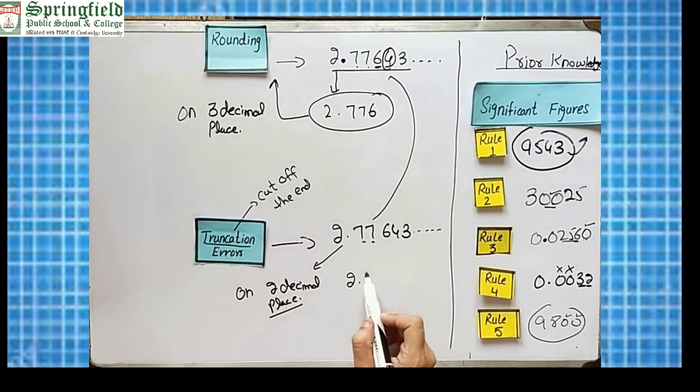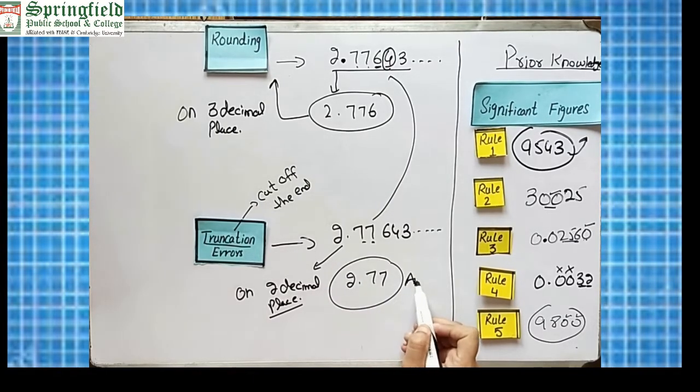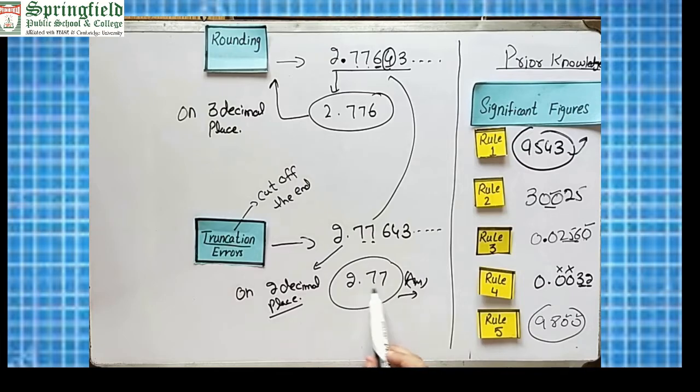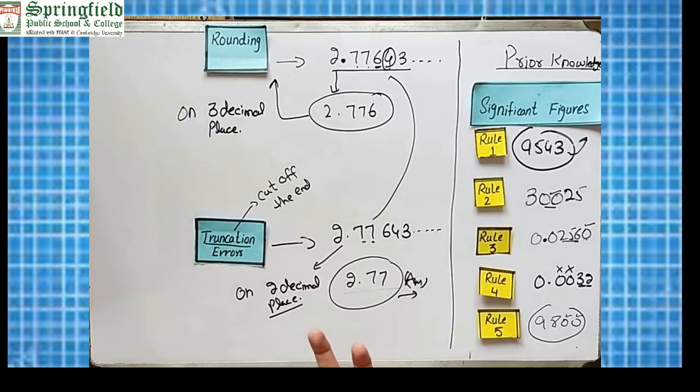So 2.77. This is your final answer. Understood, beta? There is no rounding off. The main difference between rounding and truncation: rounding means round off and truncation means cut off the end, according to the given situation.